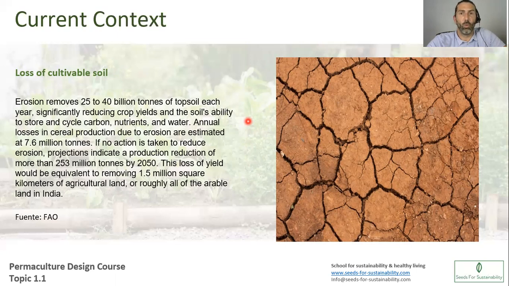We will see that one of the main objectives of permaculture basically is to improve soil for productivity and for many reasons, also to retain water in a better way. Nowadays, for me, there's a much bigger reason why we should improve our soils, which is climate change. Maybe many of you don't know that good soil can sequester CO2 in a much more efficient way than a tree, because a tree can obviously sequester CO2 only to a level that the soil where the tree is planted allows.